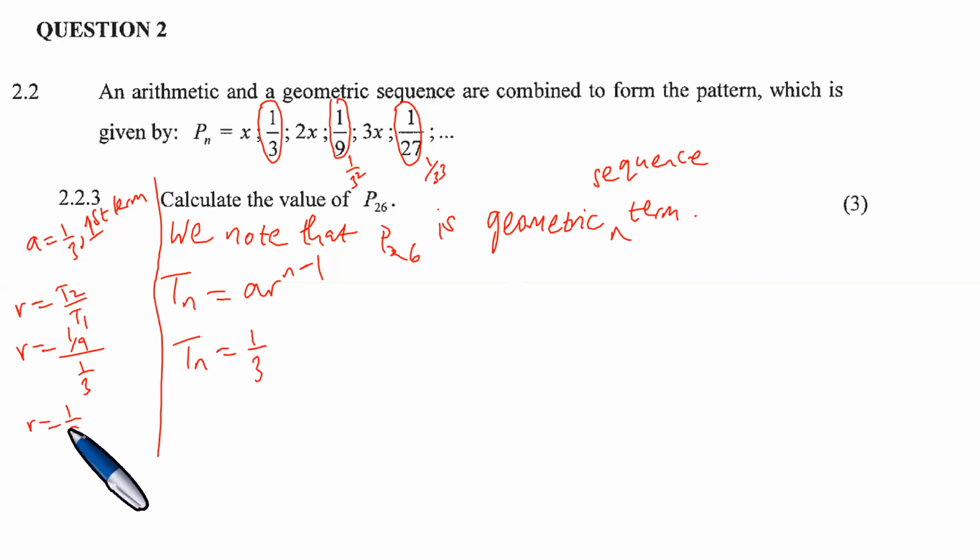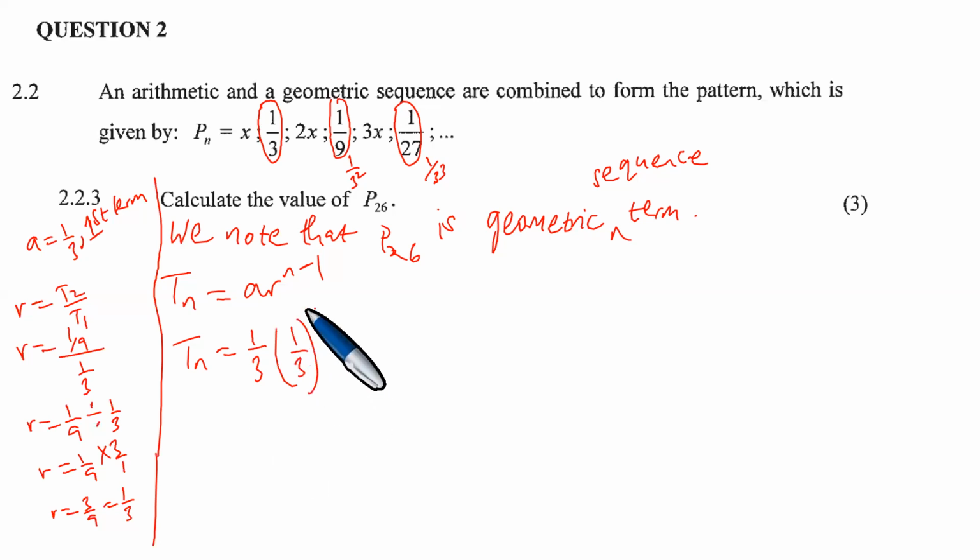You divide 1/9 by 1/3, so you multiply by 3/1, the reciprocal of that. 3/9, which is 1/3. So the common ratio is 1/3, and then it is n minus 1. So if you add these things, it's 1/3 to the power n.